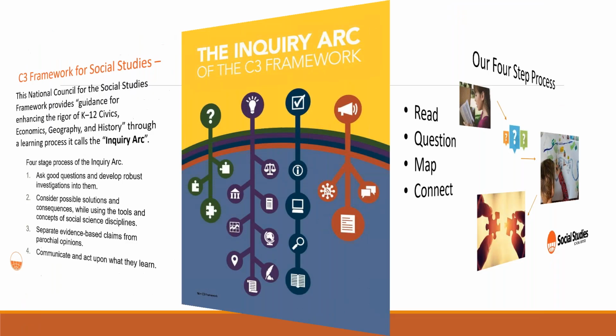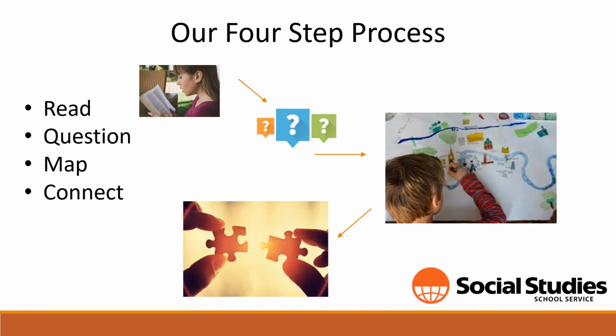Now, personally, I've got a 4-step process that I'm going to be featuring today, and I call it Read, Question, Map, Connect. This is going to be our ideas for connecting geographic literacy to essential questions, to the C3 framework, and ultimately to trying to help students make connections between what they're studying in the past and making that meaningful for them today in the present.